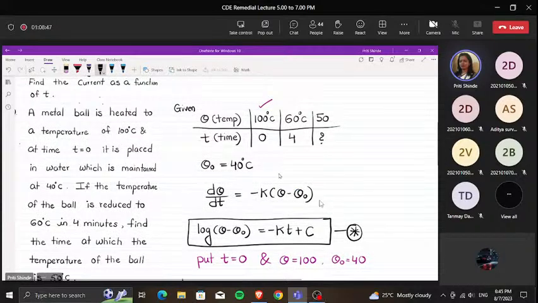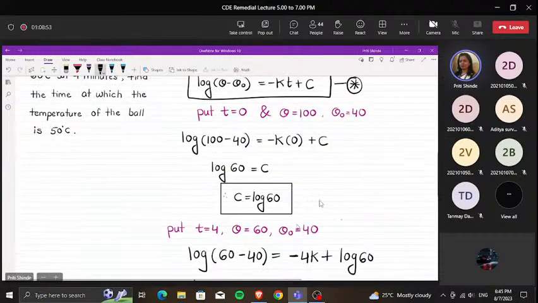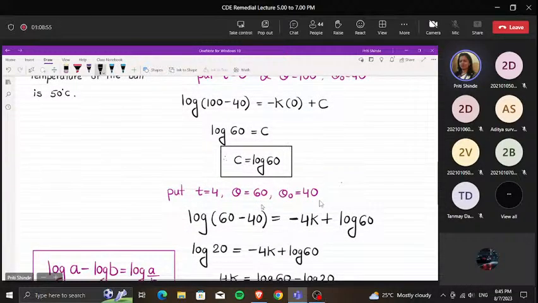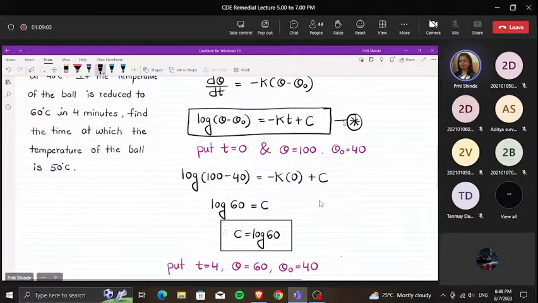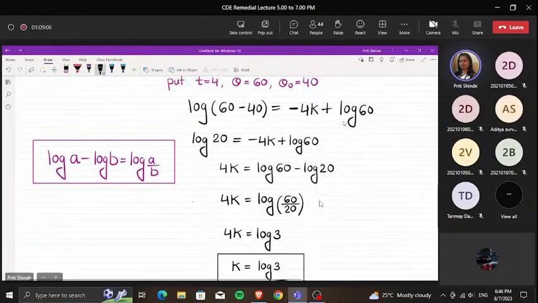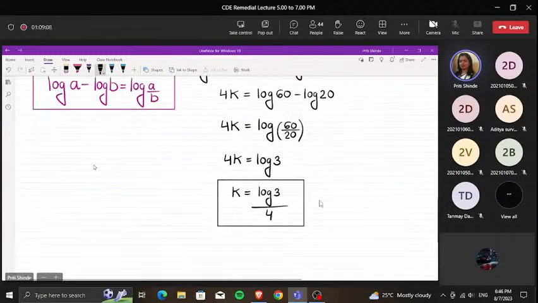Now use your second condition: theta is equal to 60, t is equal to 4 in the same equation, with theta 0 equal to 40, and you know the value of c from condition 1. Replace all values in the original equation and, by using properties of log, we get the value of k. Now we have c as well as k.